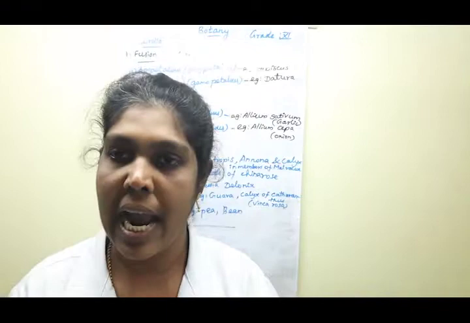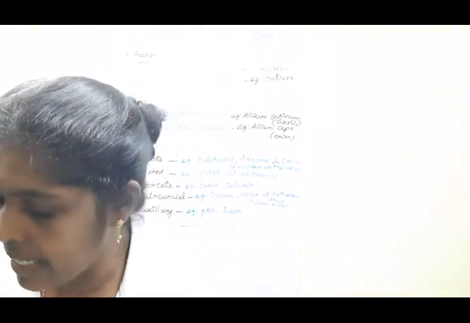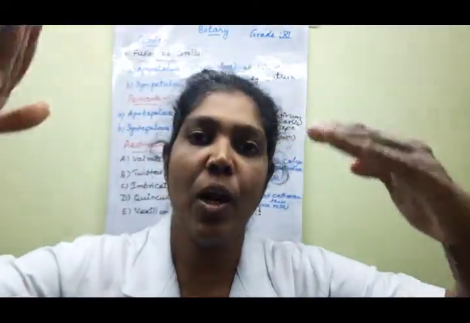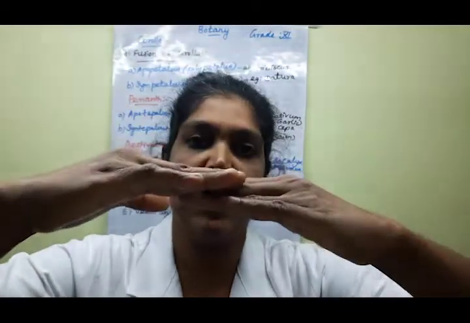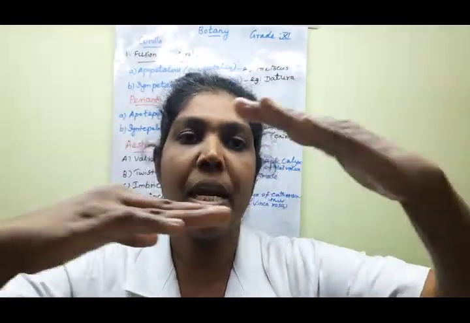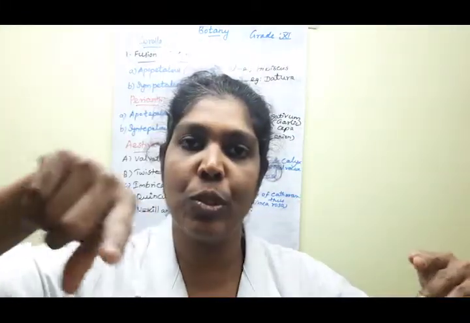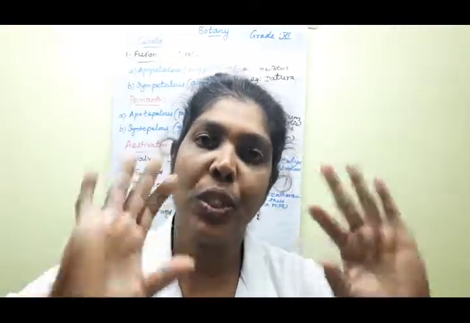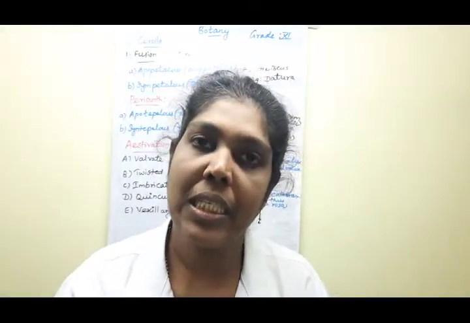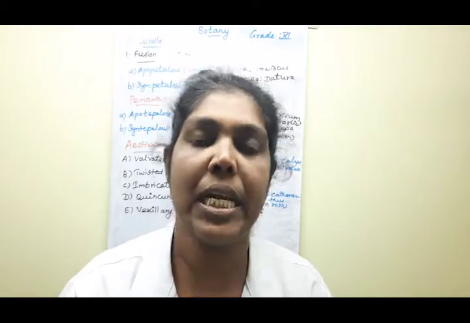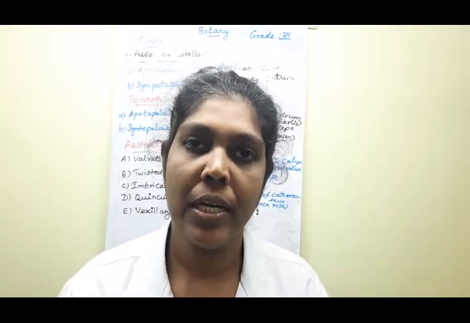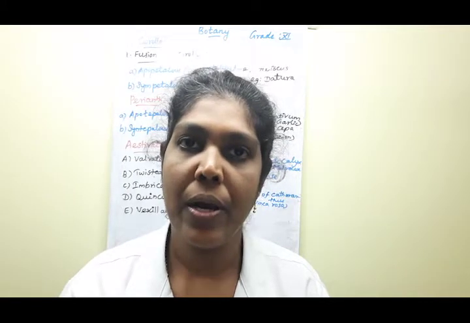So in the twisted type, just one petal or sepal overlaps the next in a chain. This arrangement is present in either the sepal part or petal part. So this estivation type is known as twisted estivation. Are you understood? Clear, children? Say yes or no. Yes.